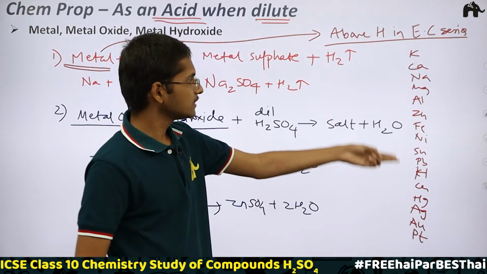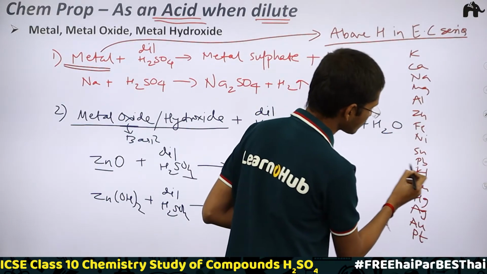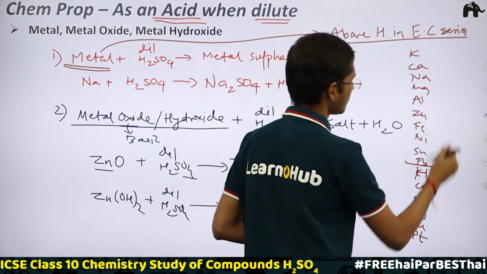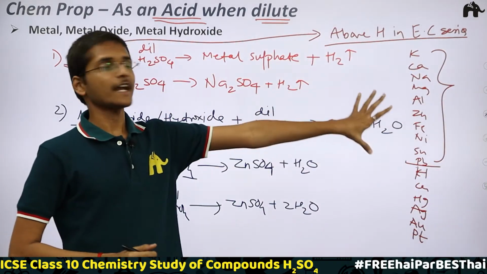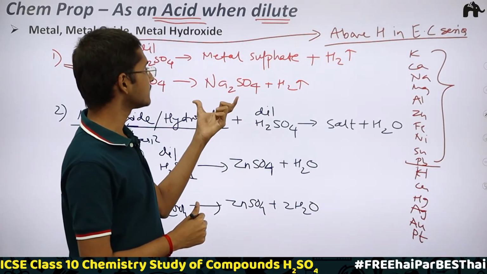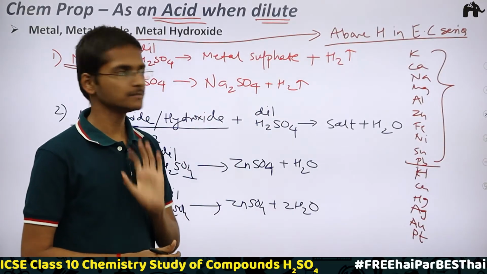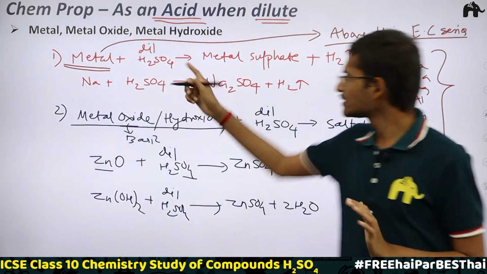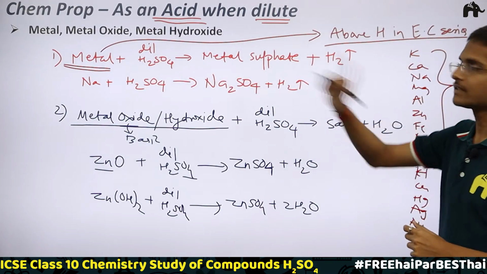So you can observe here zinc, iron, nickel, tin, lead, then hydrogen. All the metals above hydrogen can react with our dilute sulfuric acid and show this reaction, which gives metal sulfate, and hydrogen gas is released. Very simple.